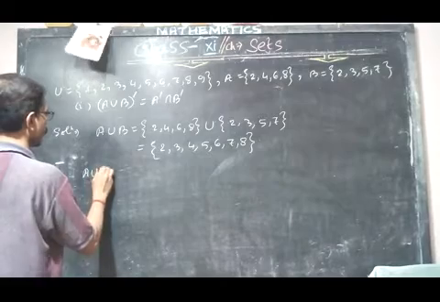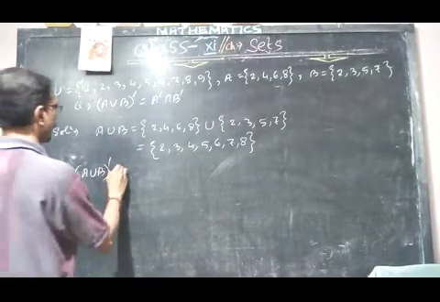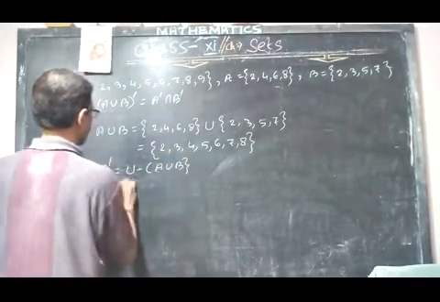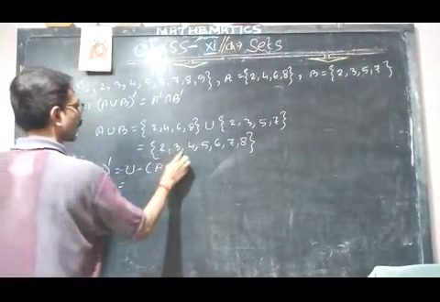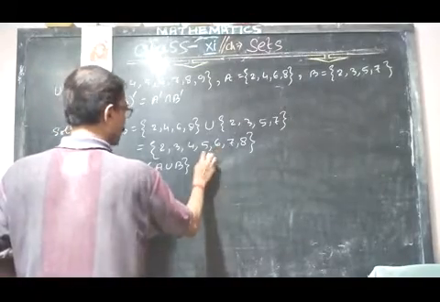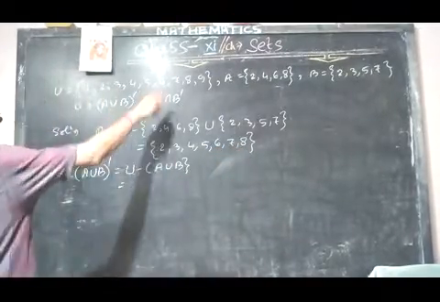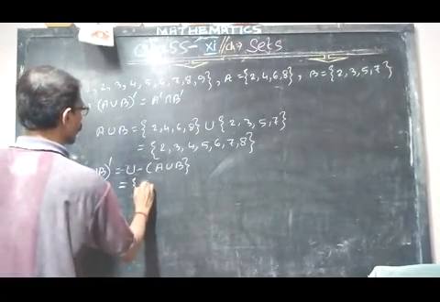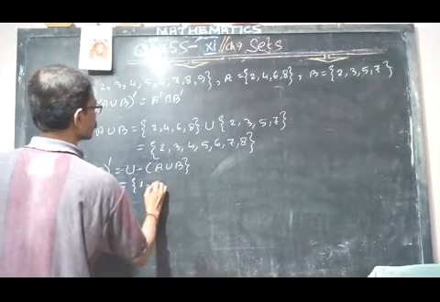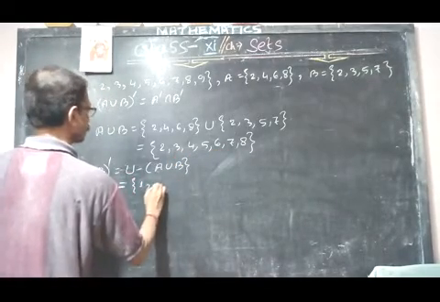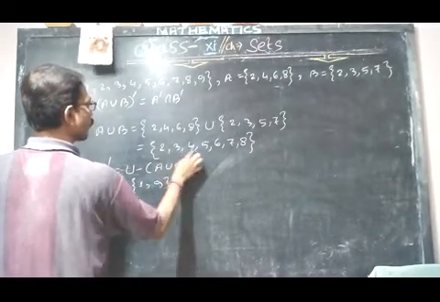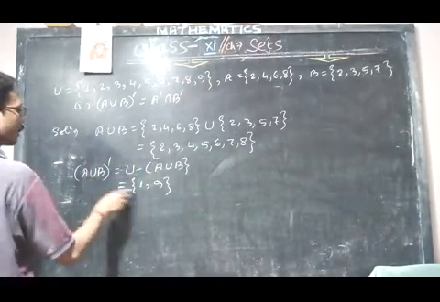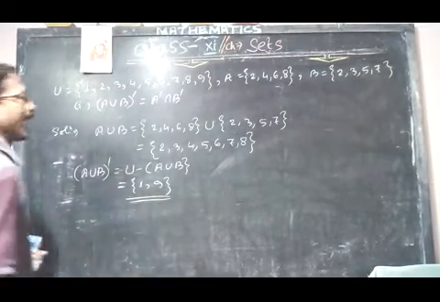Now A union B complement equals U minus A union B. That means 2, 3, 4, 5, 6, 7, 8 subtracted from the whole universal set 1 to 9, which gives 1, 9. So A union B complement equals 1, 9.